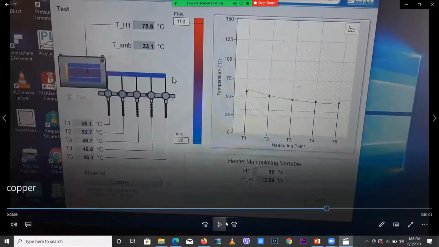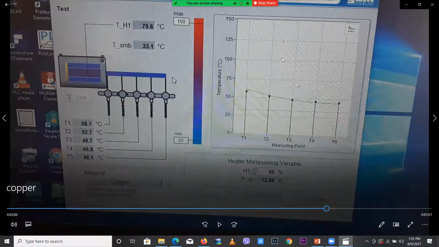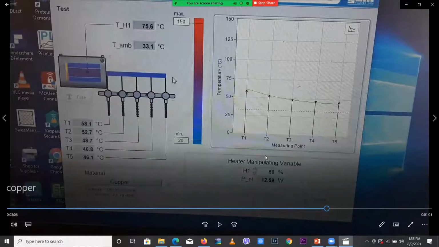So at some point we have to stop and take the readings, then you know the place, and then you can plot the temperature curve. So I just take one place, and using the software we can also measure the thermal resistance, the electrical power, and everything.